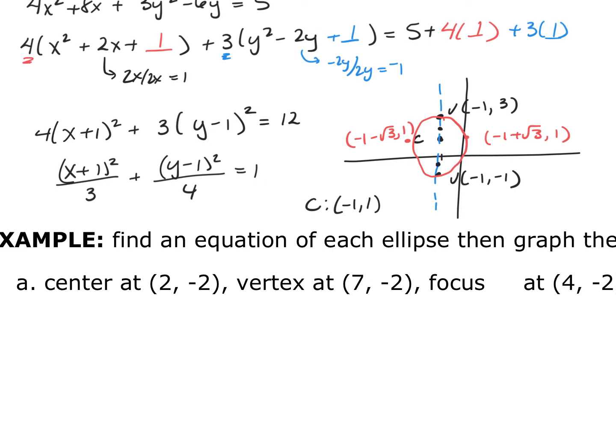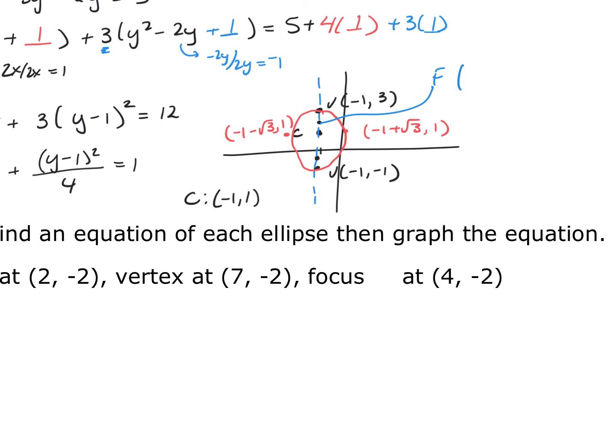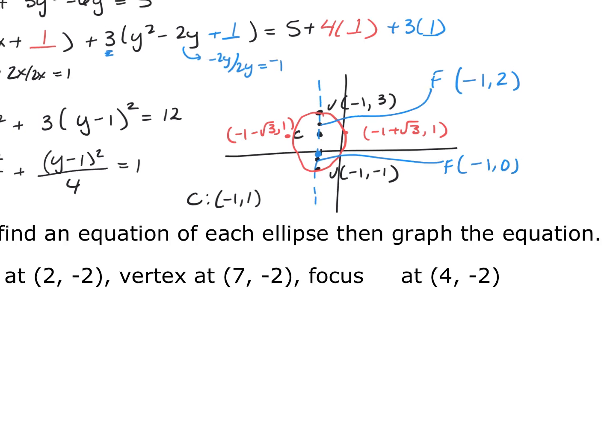And so this focus right here is going to be -1, 2. And then this focus is going to be, obviously not drawn to scale because it should be right there, -1, 0. And now I've found everything that I need to graph my ellipse. I found my center, I found my major and minor vertices, and I found my foci.